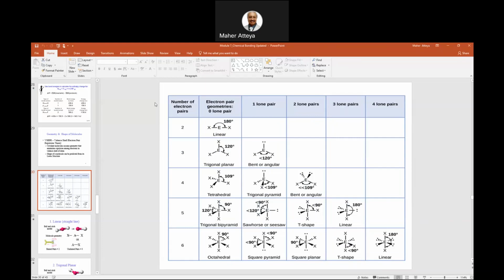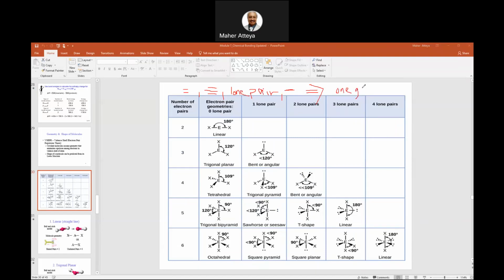What it says here, in this VSEPR model, we treat a double bond, a triple bond, a lone pair, and a single bond, all four of them, as one group.